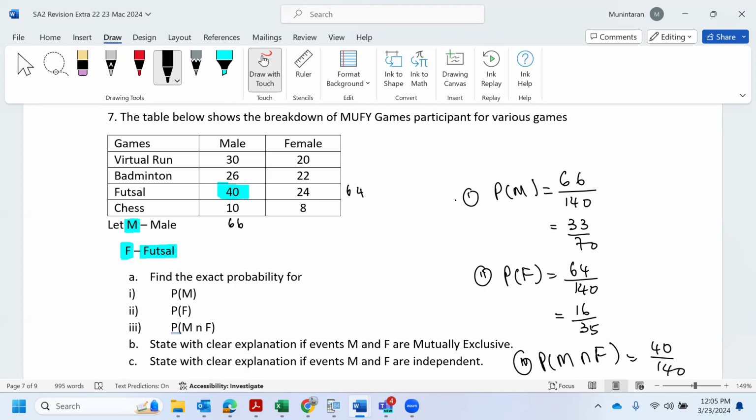Give me a second. Or somebody saying something. 180. Definitely not 180. Anybody else? Sir, the 40 for futsal, why didn't you add that one?